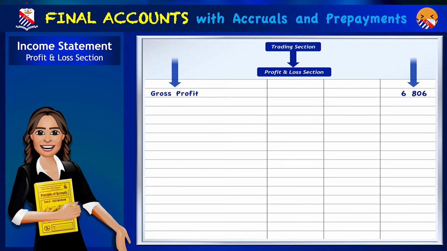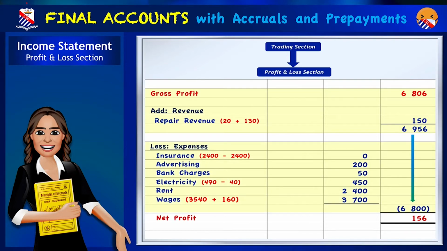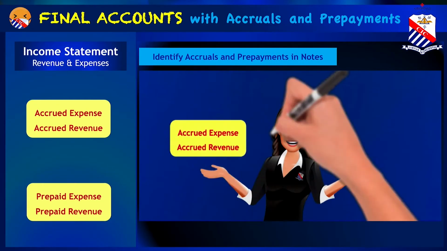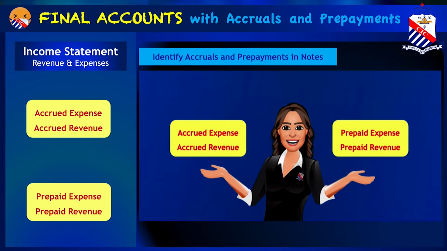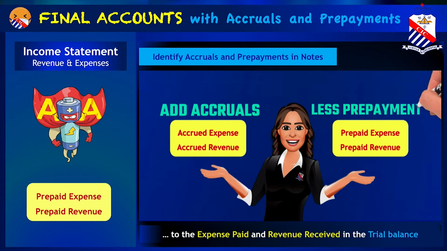The second section is the profit and loss section, where you record your revenue and expenses, and the net profit is calculated. It is in the profit and loss section that the expenses and revenue are adjusted by adding accruals or subtracting prepayments.